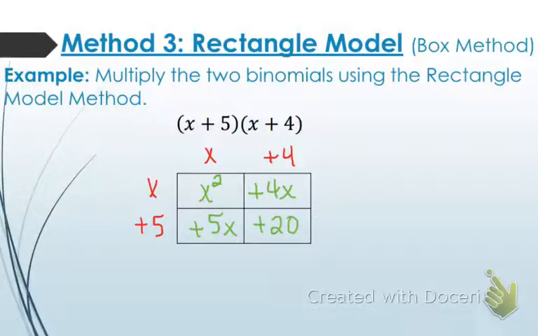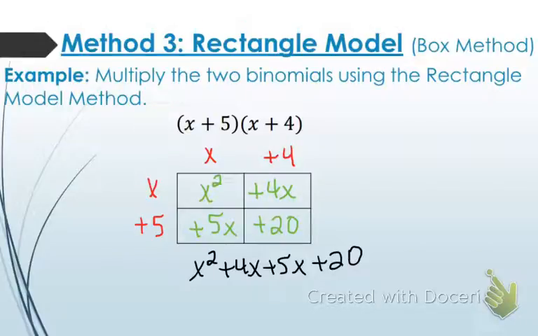What we're going to do next is write this out in standard form, which is descending order. So I'm starting with the x squared. Then, as you can see, we have two x's. It doesn't matter which one you put first. At the end is our constant.